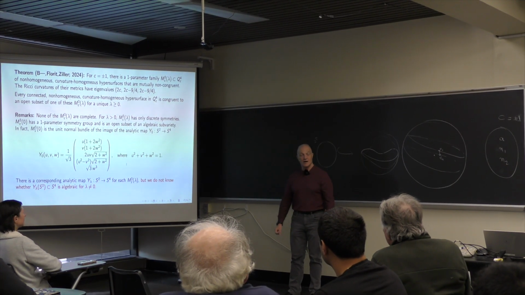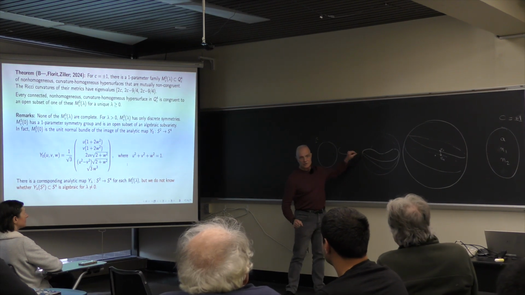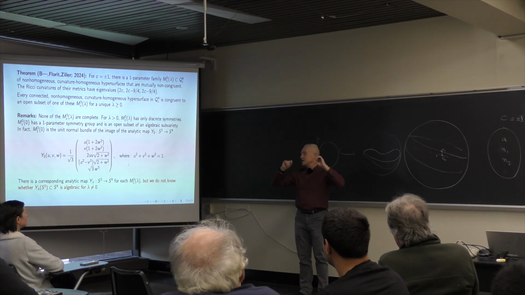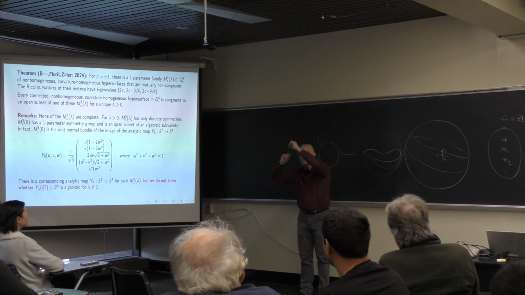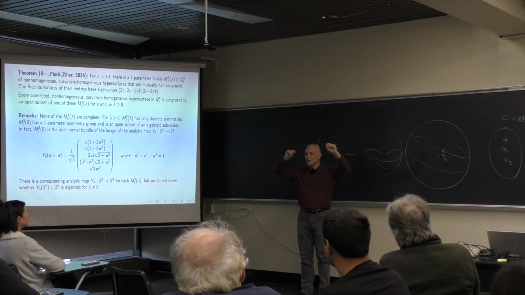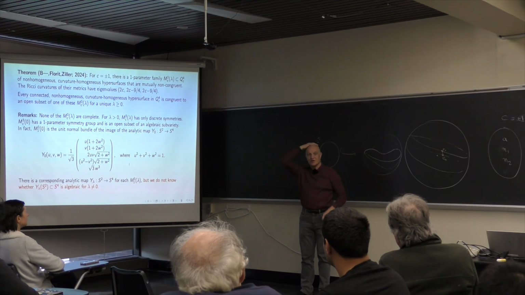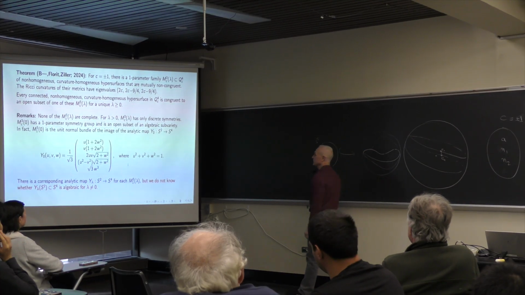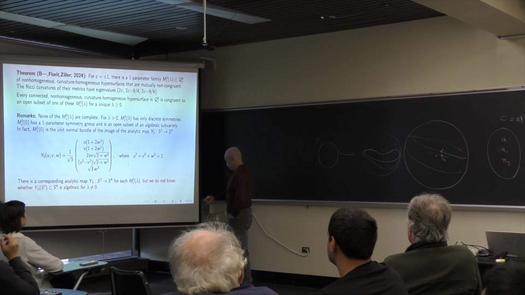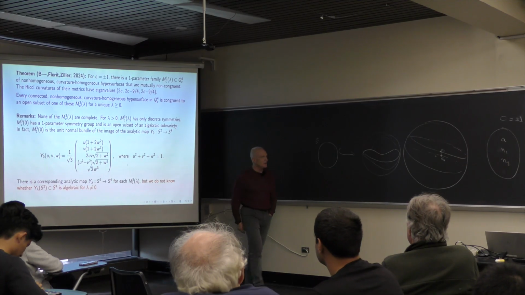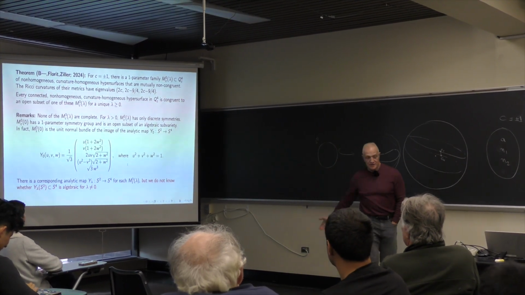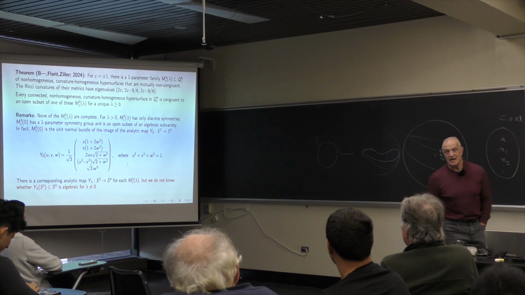A crease like this, where the map drops rank, but the crease gets more and more curved as lambda goes up, and the final mystery is that when lambda is not 0, we don't know whether or not this is algebraic.